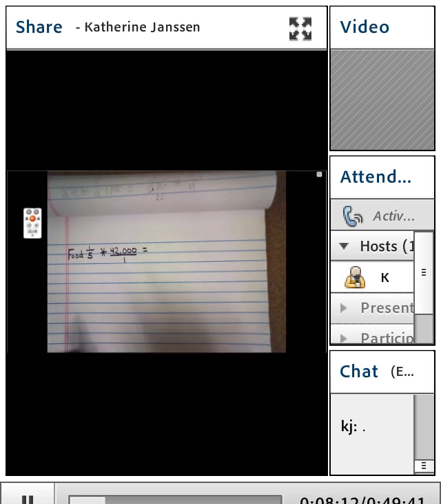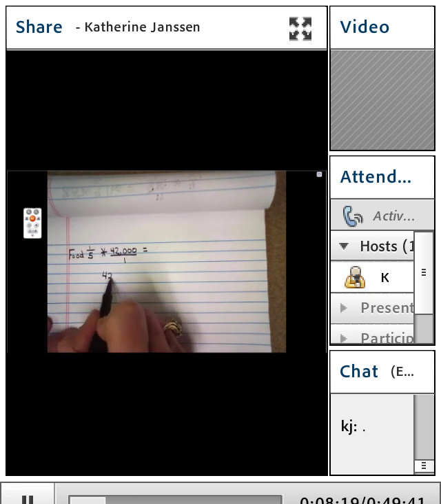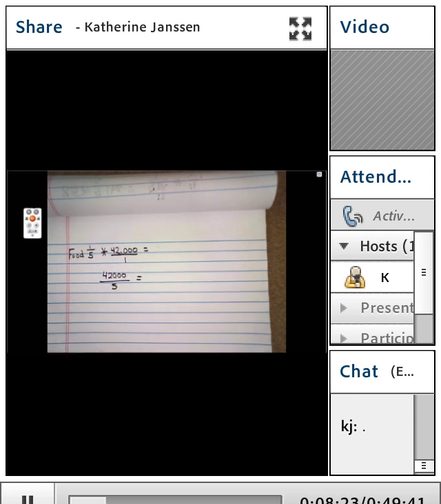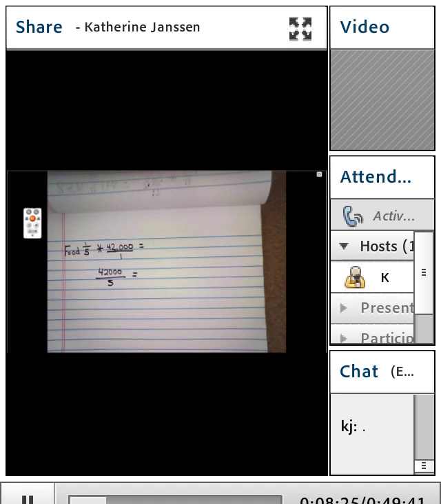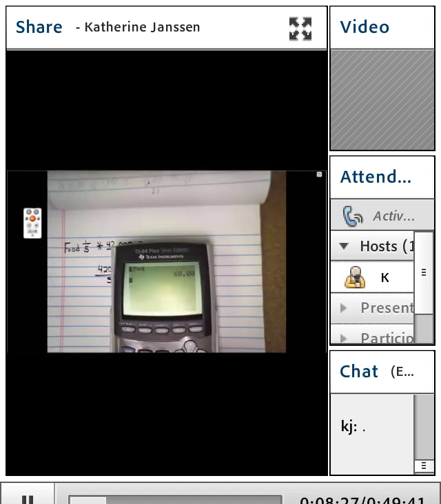Multiplication of fractions is a piece of cake. Multiply the numerators, multiply the denominators. I get 42,000 over 5. $42,000 divided by 5 is $8,400.